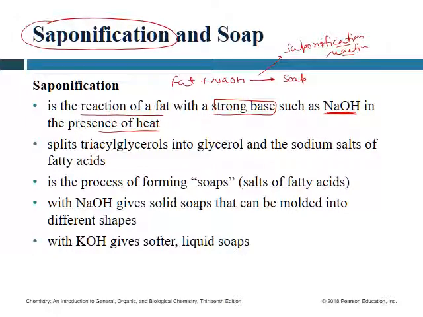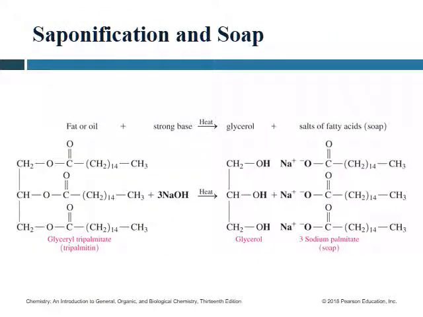Right. So let's see how this saponification reaction works. Let's take this example. You have triacylglycerol, and then you add NaOH, a strong base, to this triacylglycerol. What's going to happen? This is an ester bond.